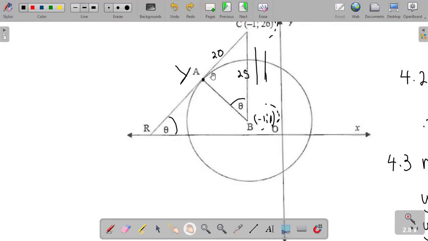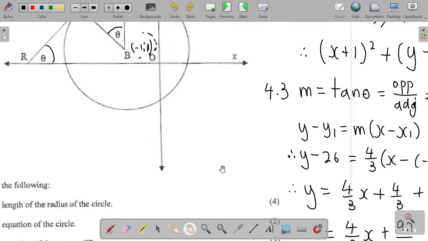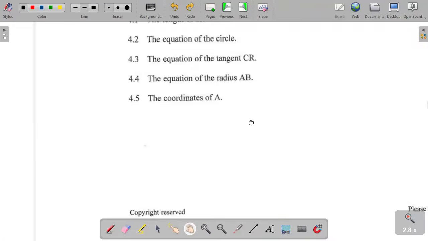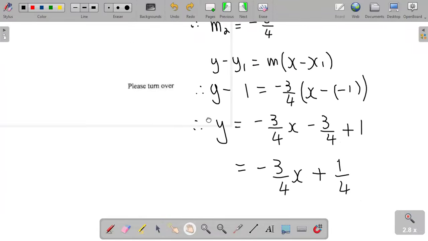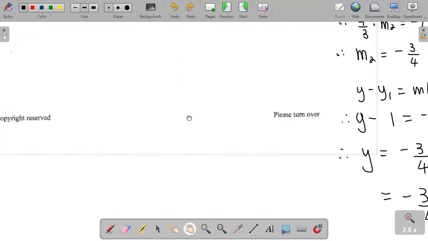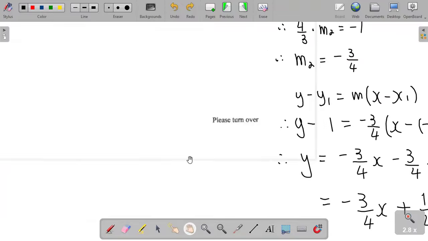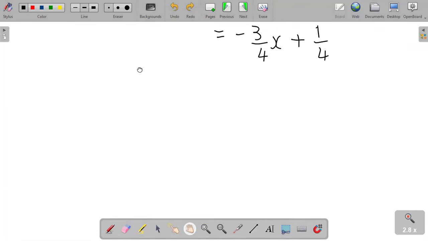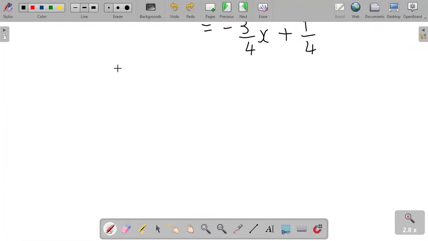So we equate the two lines and we solve for x.